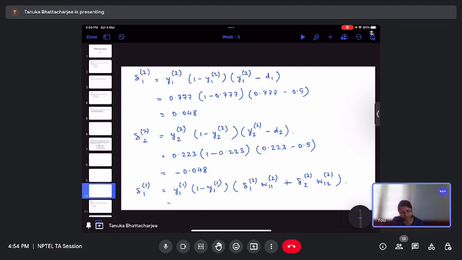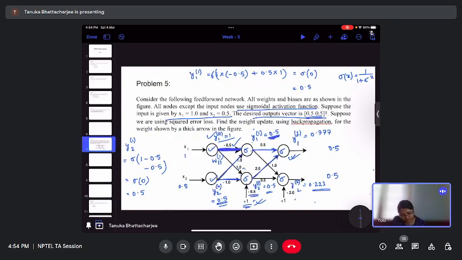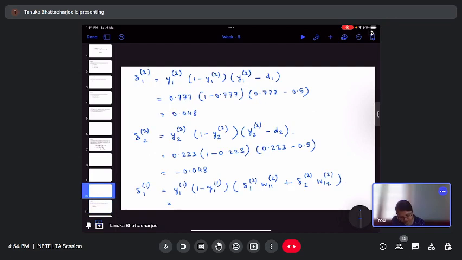If you compute these values by putting in all the weights, delta values and y values, what you get is, first, y11 is 0.5 here. So 0.5 into 1 minus 0.5 is again 0.5. Then delta 12 is 0.048 into W112.